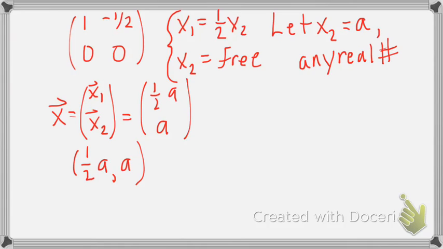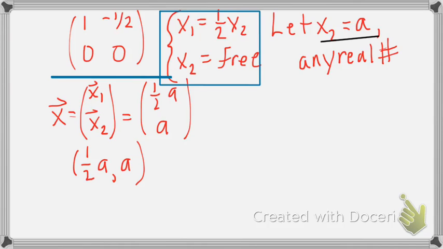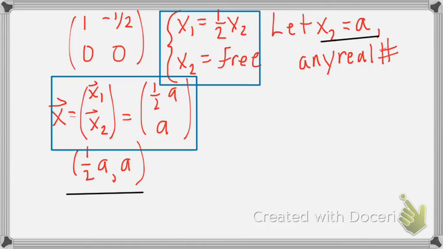Looking at the coefficient matrix, we see that our solution will be x1 is equal to 1/2 x2, and x2 is our free variable. Now, if we let x2 equal a, any real number, then if we write our solution set in this form, the vector x is equal to (1/2 a, a), or we can see it written as an ordered pair.